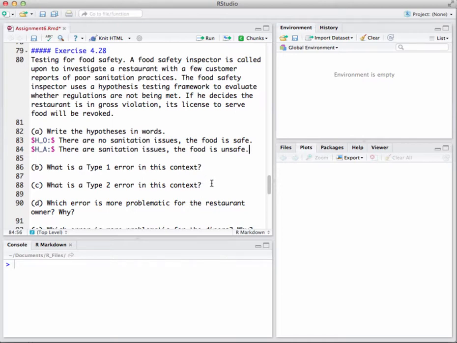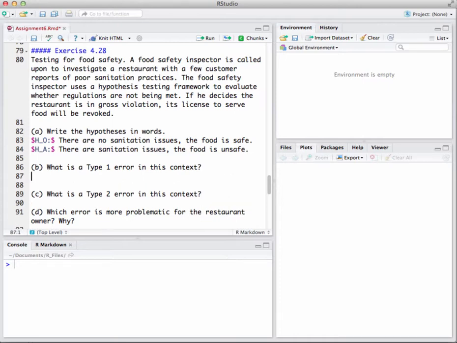So what is the type 1 error in this context, okay? Well, let's remind ourselves real quickly what type 1 error is. Let's just do the definition of that first. So type 1 error. What is type 1 error?